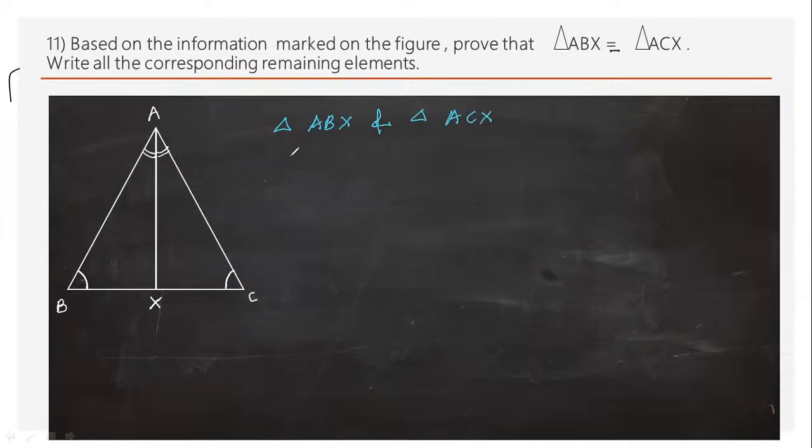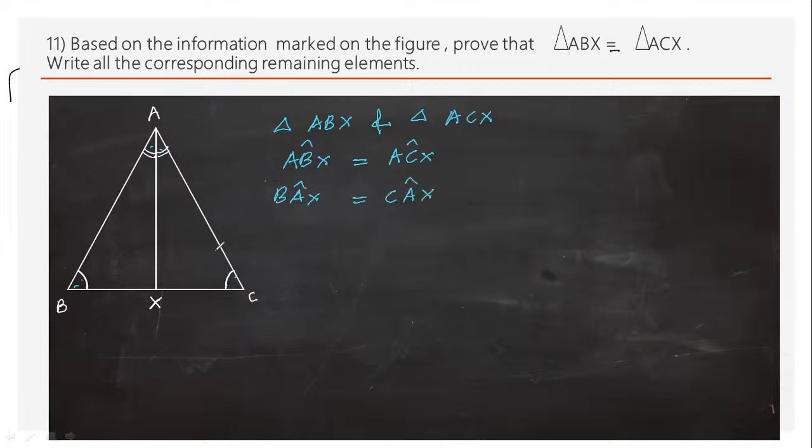Given information is ABX angle equal ACX. These two angles are equal, this and this. Now this angle and this angle, BAX equal CAX.